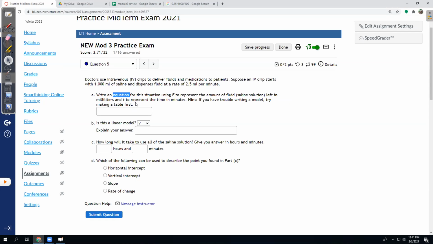Okay, so I could try making a table too. A spreadsheet's a great way to do that. And then what kind of model is this? Well, based on the fact that they said a rate here, I'm guessing it's a linear model. And so that should be one of the options here. Is this linear? Yes, because they gave me the rate there.